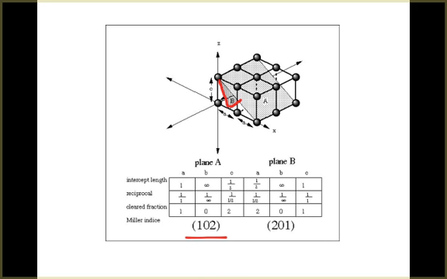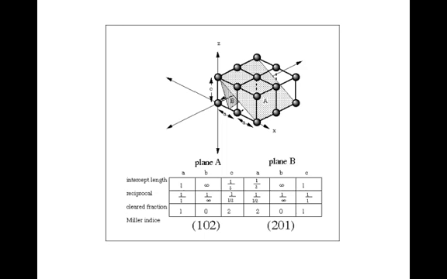So we get intercept lengths of 1/2 for the A-axis, infinity for the B-axis because it's still parallel to the B-axis, and 1 for the C-axis. Take the reciprocal, and then you get the Miller index of 201.